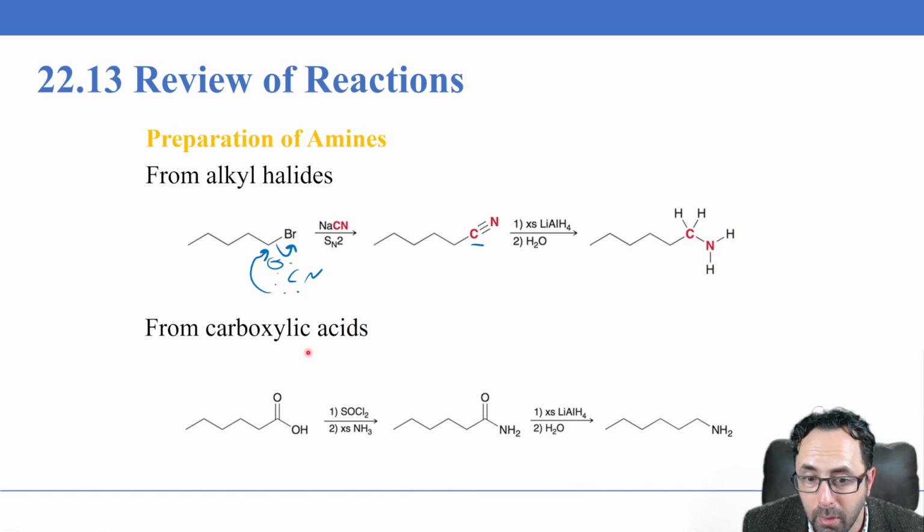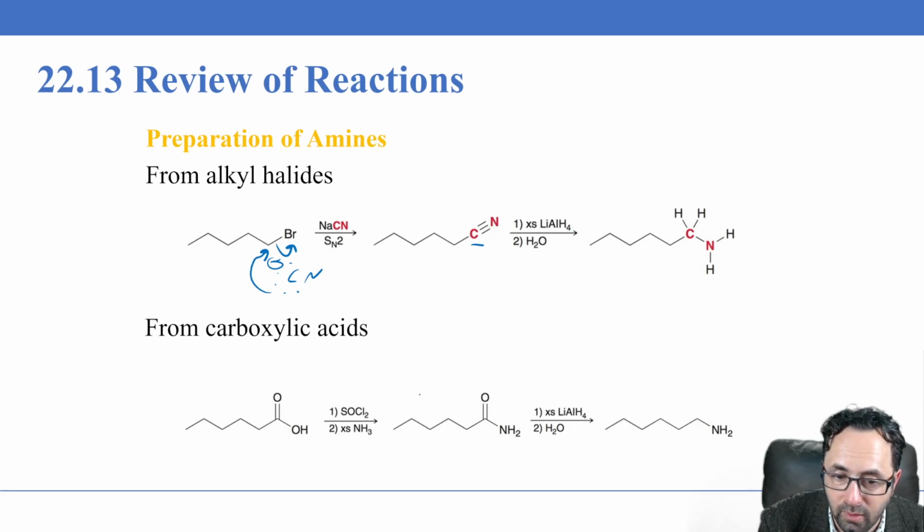We can get amines from carboxylic acids. We react the carboxylic acid with SOCl2. This produces for us an acid chloride, which is more reactive to the nucleophile. So this is the first step, which produces this acid chloride.